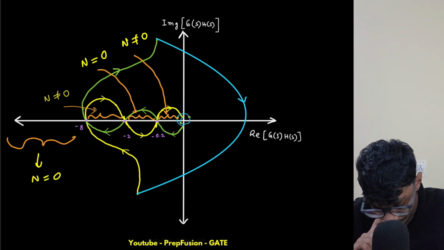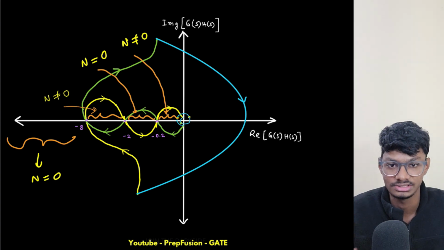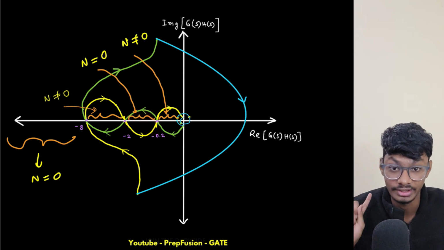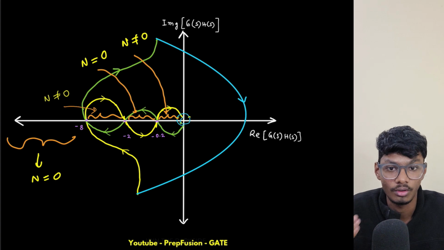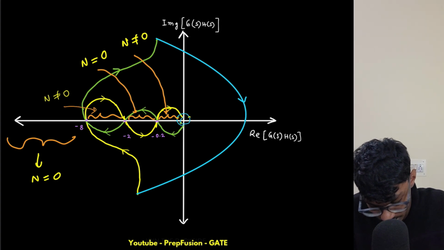So if my critical point lies in this region or in this region, somehow I have to make my critical point lie in this region or this region for my system to be stable. So I will name these regions.